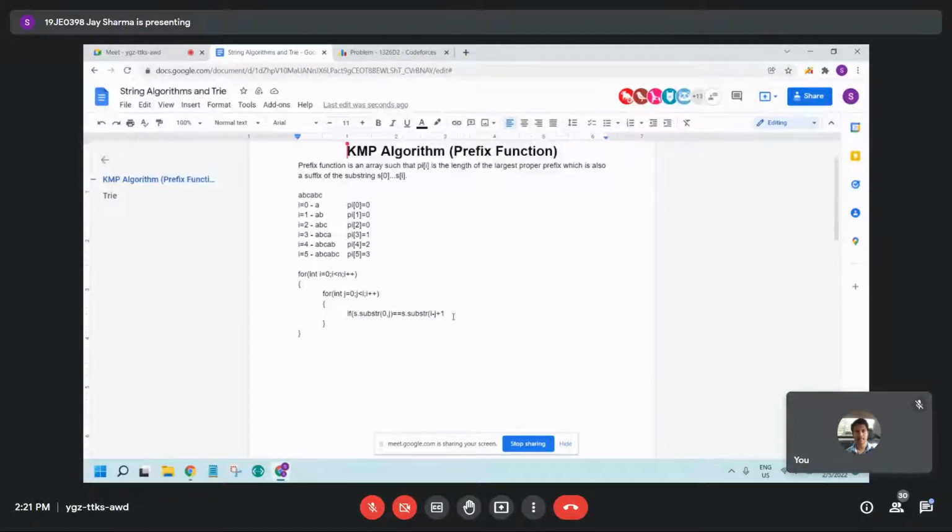If you do some math, you will find that this is the starting index, and the length will of course be j, because they are equal only when they have the same length. That is the only case possible.